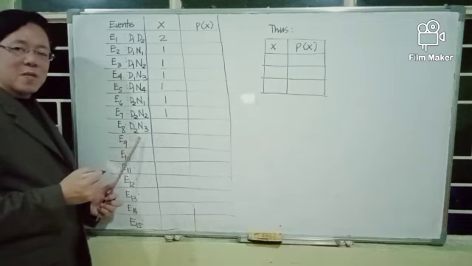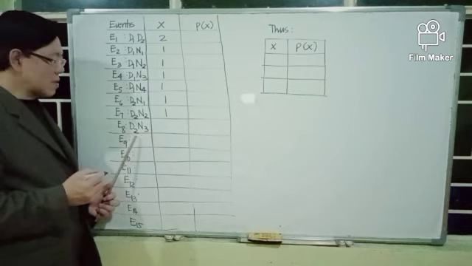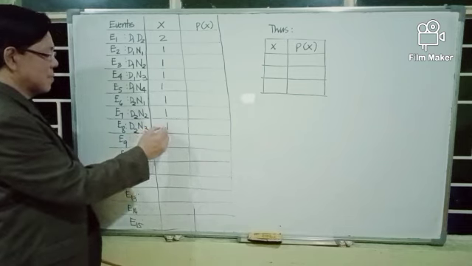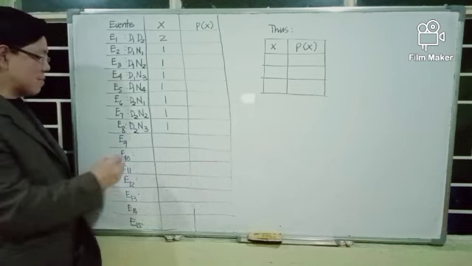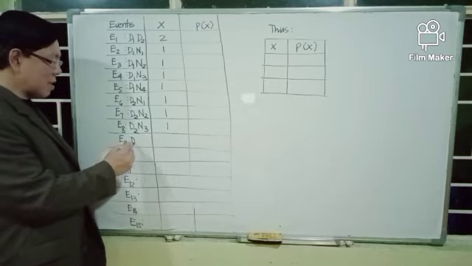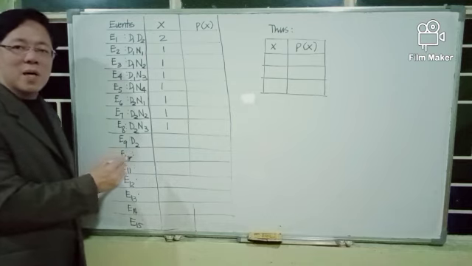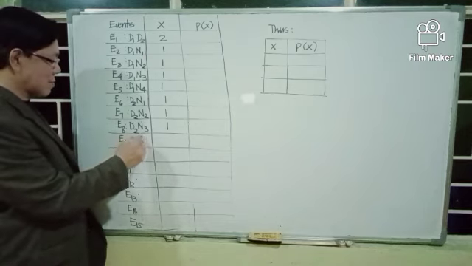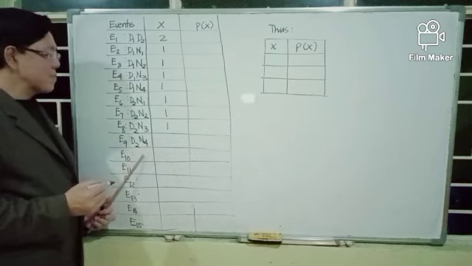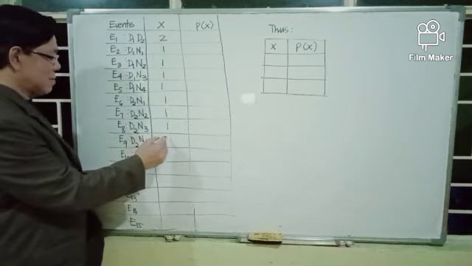The number of defective for this event is 1. Another possibility, the customer selected the second defective item and the last, the 4th non-defective item, denoted by N4. For this event, the value of x is 1.